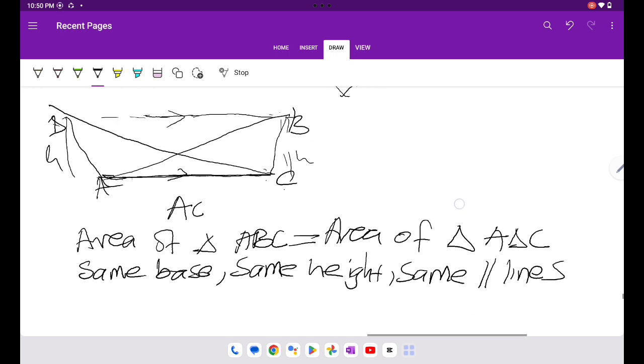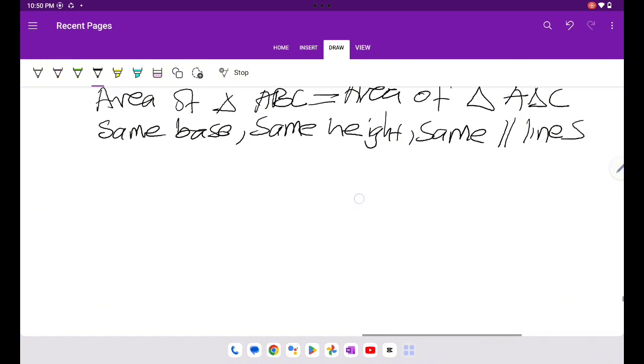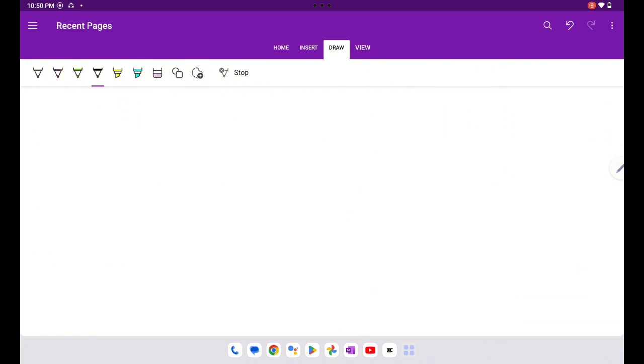Now we have another theorem in grade 10 which we call the midpoint theorem. So it's also important in this regard.